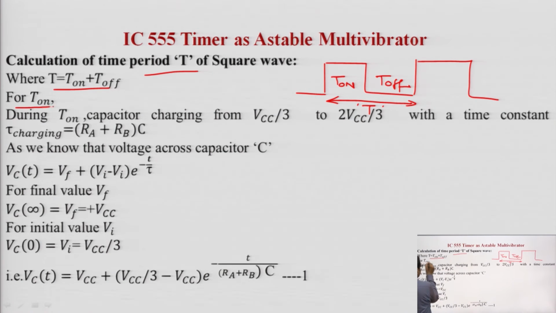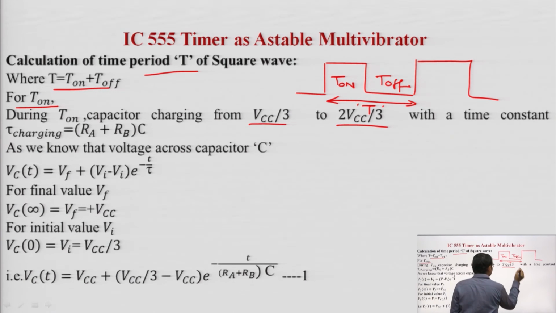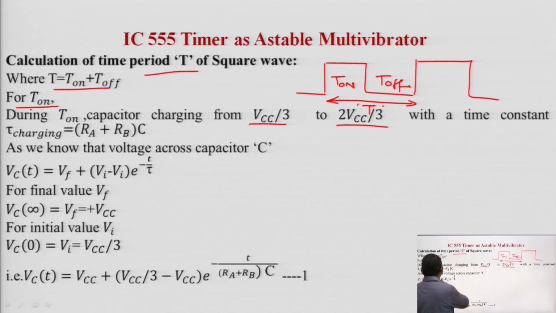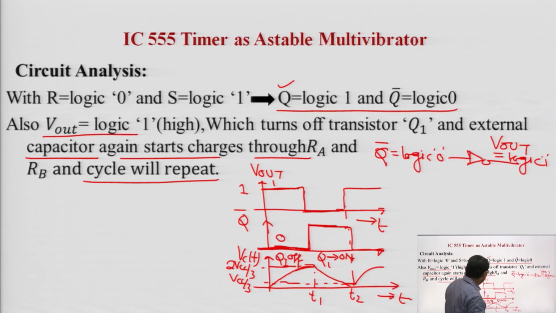During t on, the capacitor charges from Vcc by 3 to 2 Vcc by 3 with a time constant of Ra plus Rb into C. We do not consider the initial condition; we take this pulse.